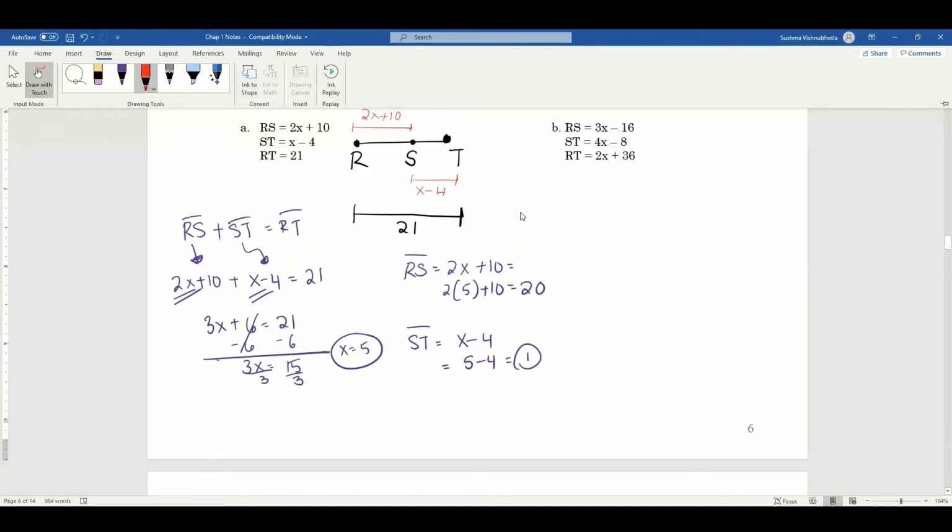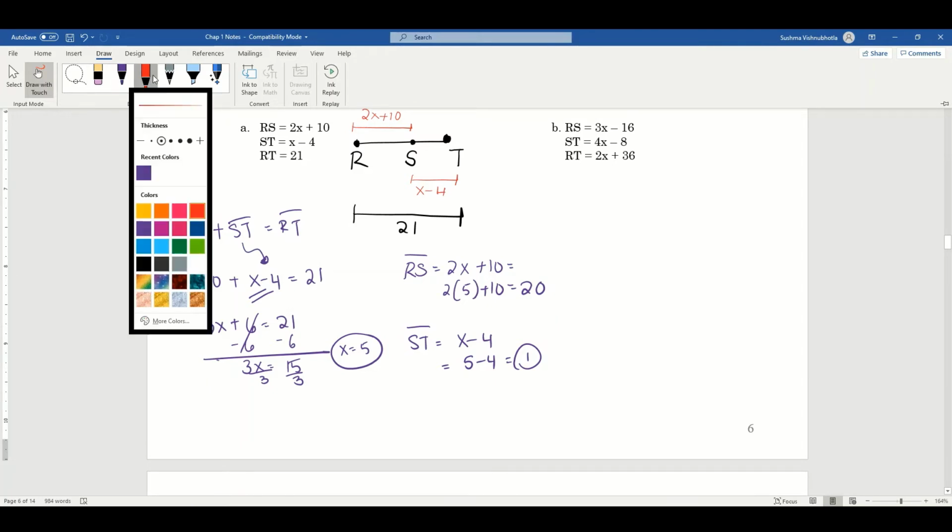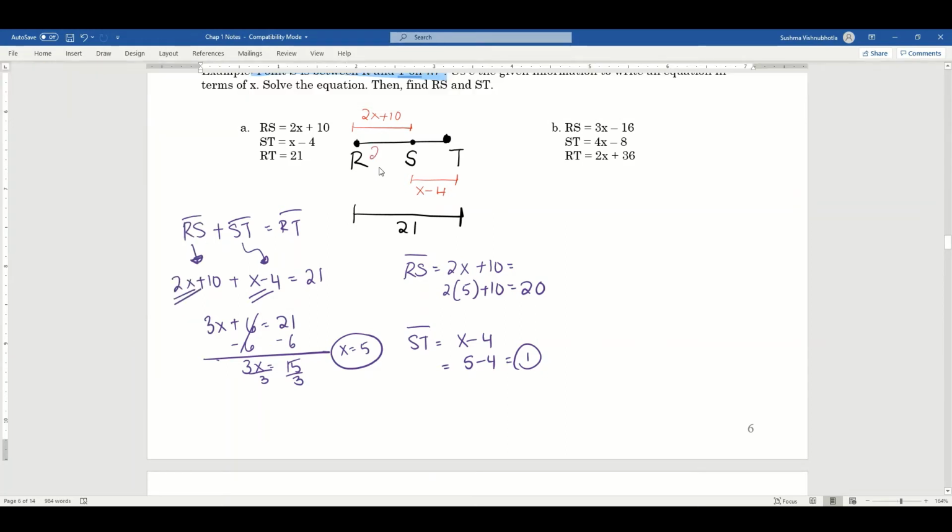Plug these into your original diagram, and that will let you know if you're actually on the right track here. So you can see that our RS we got was 20, ST is 1, and together they make up the length of the segment, which is 21.